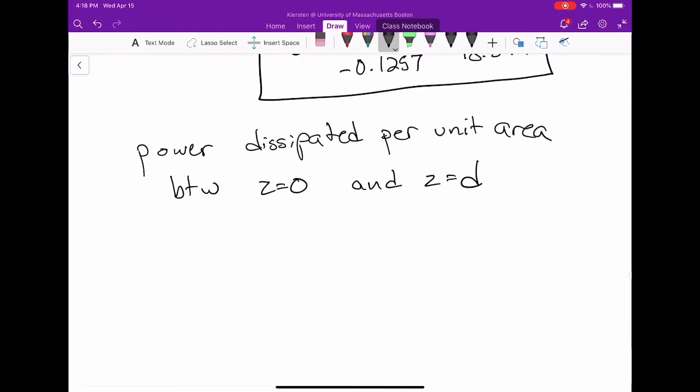Fundamentally, what we're trying to do here is we have an expression in the Poynting vector for the power carried by this wave per unit area. And we know that the power in minus the power out has to equal the amount of power dissipated per unit area.